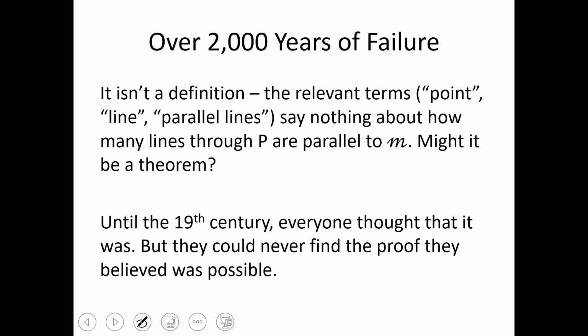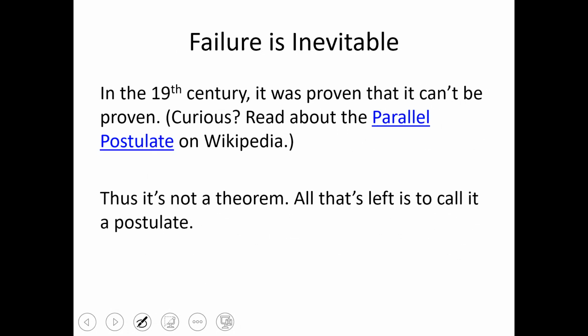But whatever the account is of why generation after generation of mathematicians didn't want to count this as a postulate, they didn't want to. They wanted it to have the status of a theorem, which meant that they tried to prove it, on the basis of the other pieces of Euclidean geometry. If one takes out the parallel postulate, they wanted to prove it, and they tried and tried and tried, and they failed and failed and failed. They often thought that they succeeded, but the judgment of history is that their attempts were always failures.